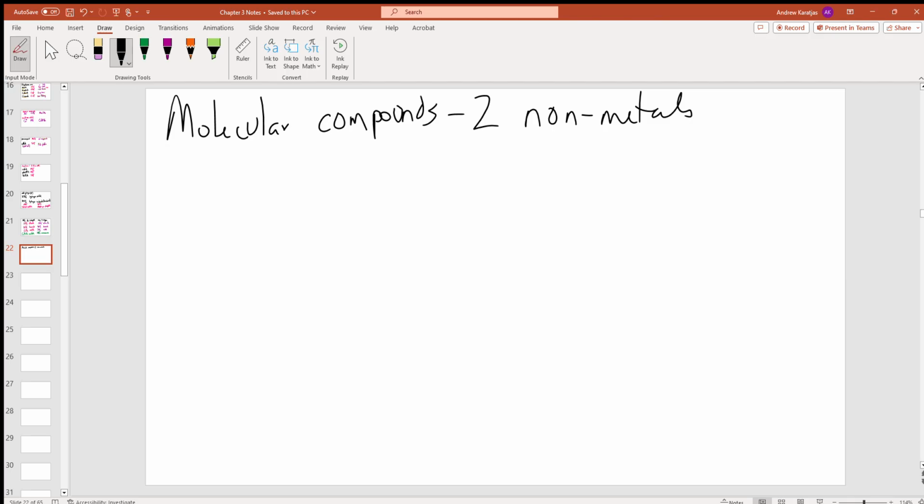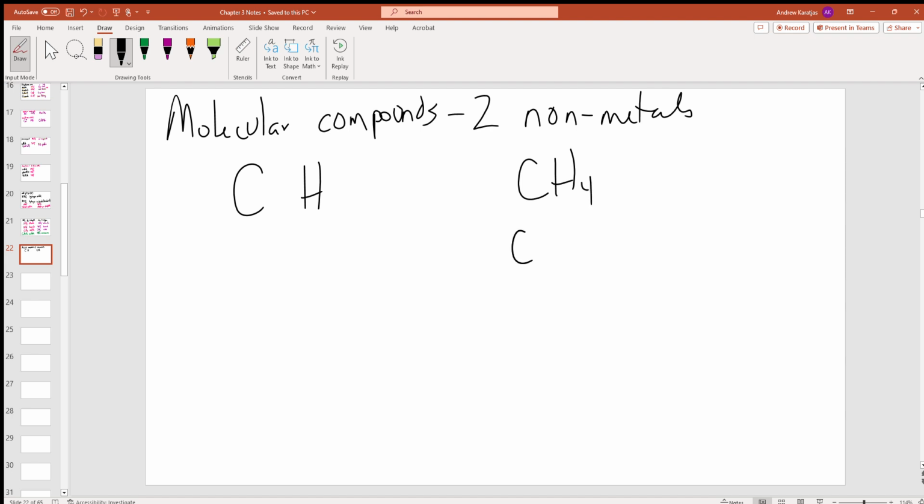Molecular compounds are a little bit more complicated. And just to show you some examples, and these are just a relatively simple group. If we had carbon and hydrogen, we could have CH4.